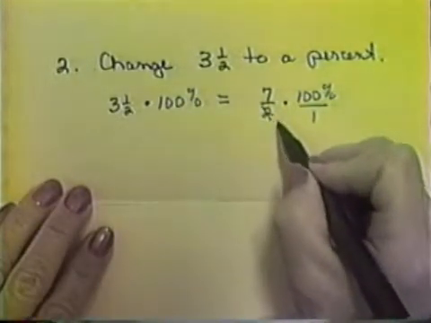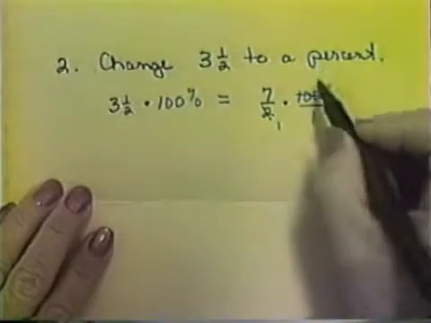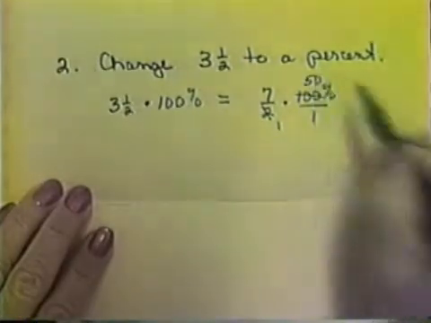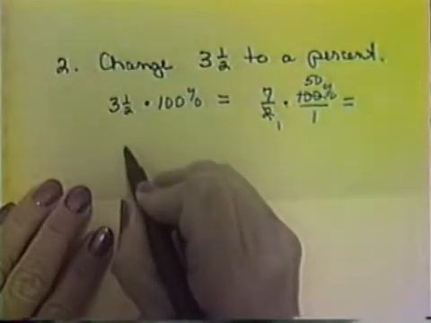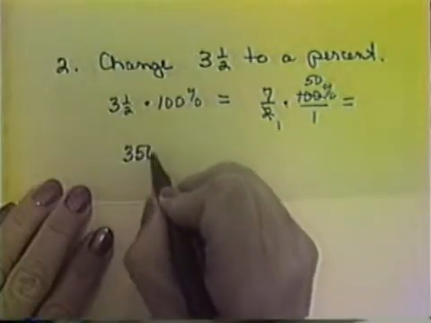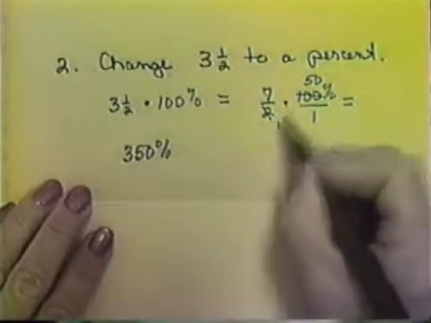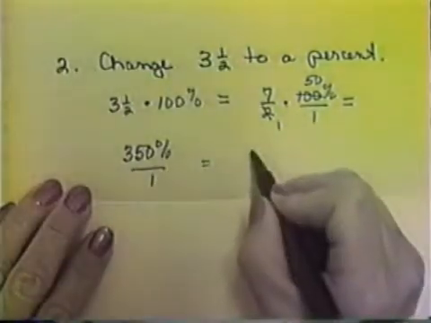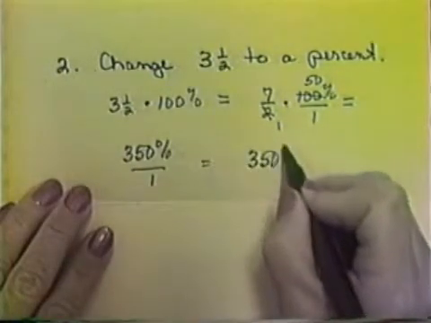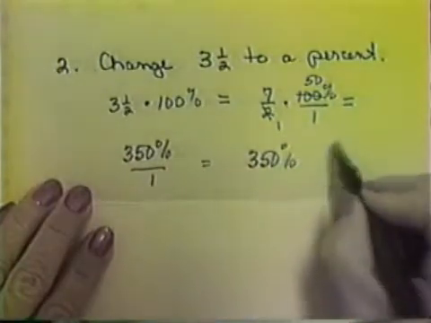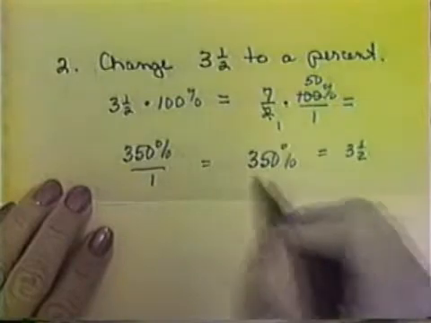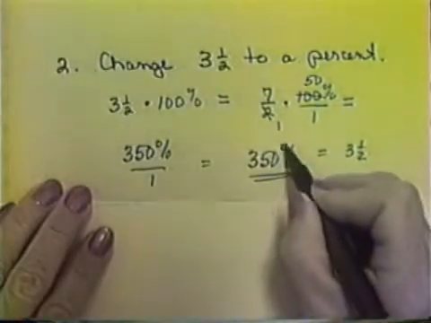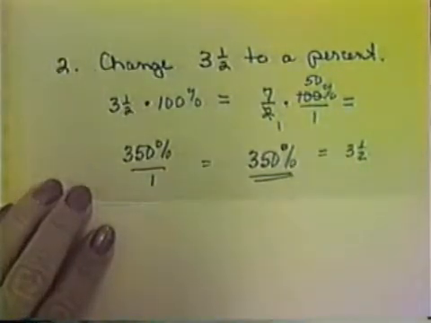Cancel. 2 goes into 2 one time, into 100 50 times. So we get 7 times 50 is 350%. 1 times 1 is 1, which is 350%. And that's equivalent to 3 1/2. 350% is what we were looking for.